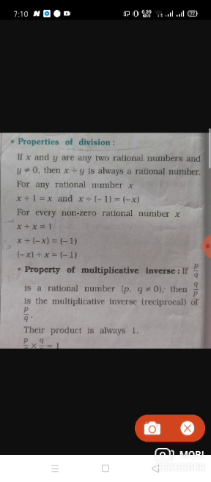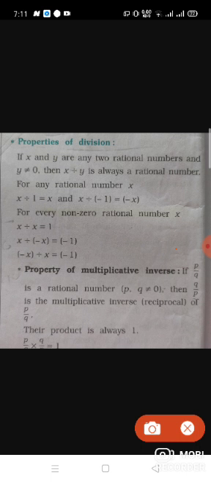It is already given that when y is not 0, at that time we will get a rational number. Okay friends, now for any non-zero rational number x, x divided by x is equal to 1, if x is divided by negative x, then we will get negative 1. If negative 1 is divided by x, then also we get negative 1.